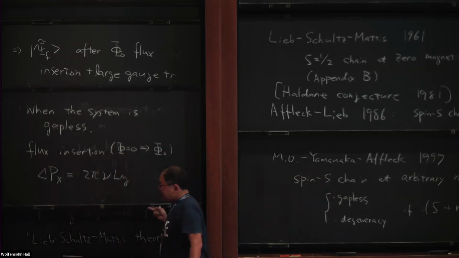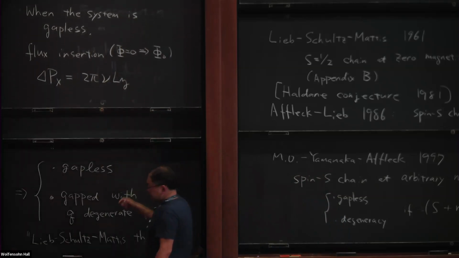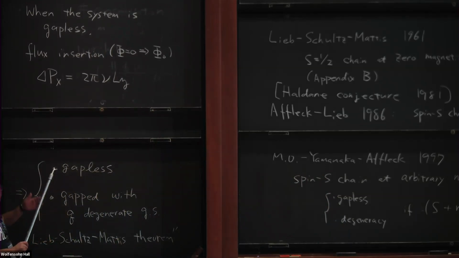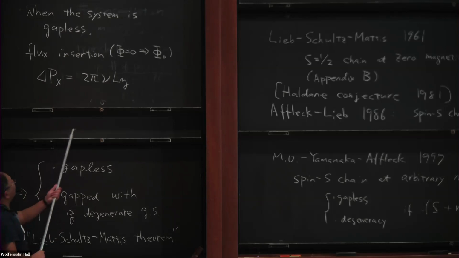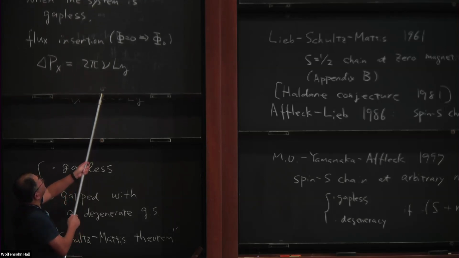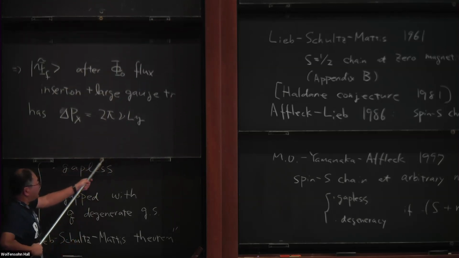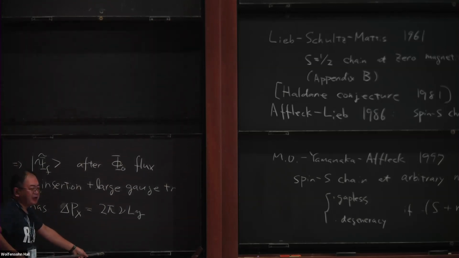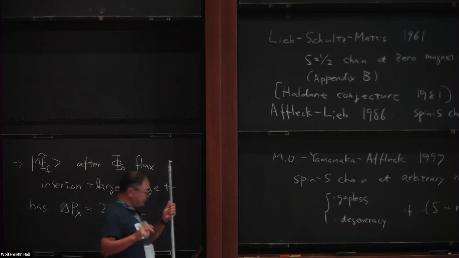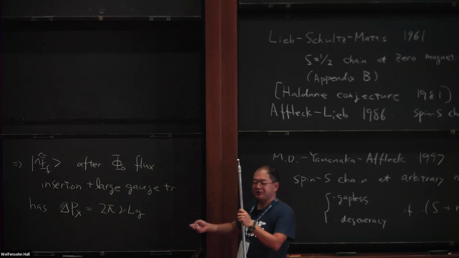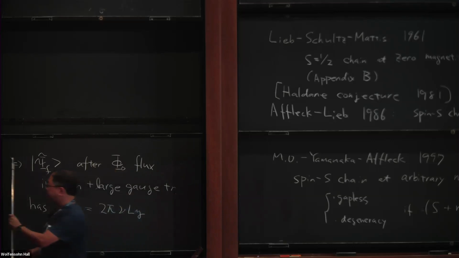Then what I can tell you is that usually you want to describe some complicated quantum many-body system using some low-energy effective theory. If you have some low-energy effective theory, then you can do the same flux insertion process using your effective low-energy theory.